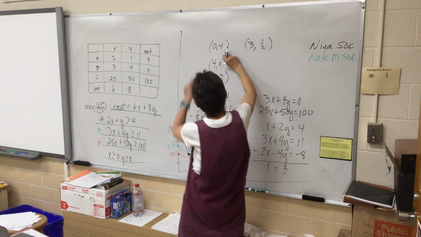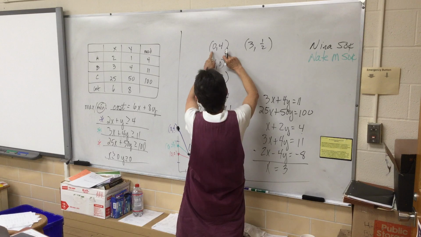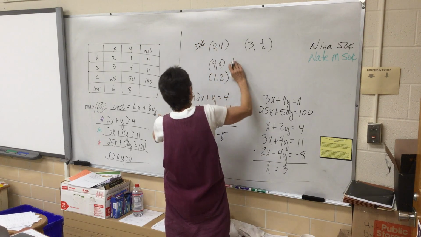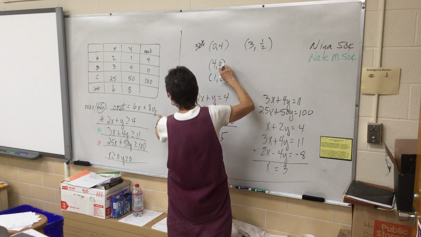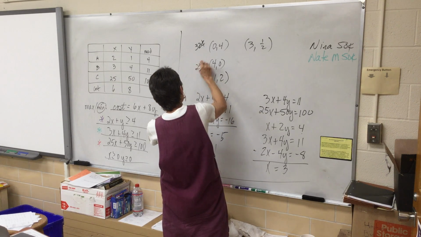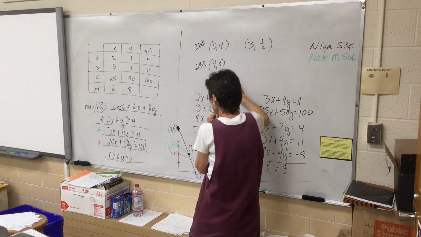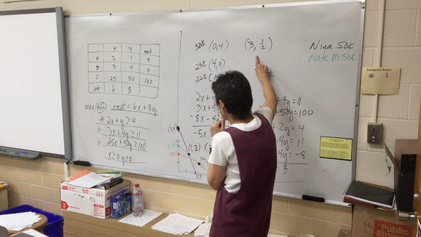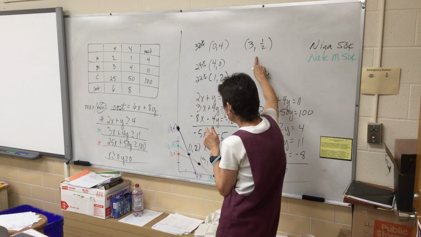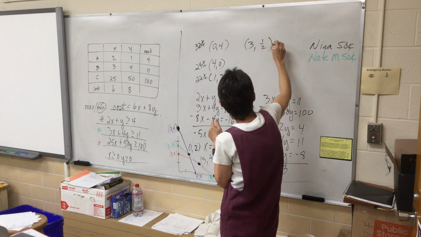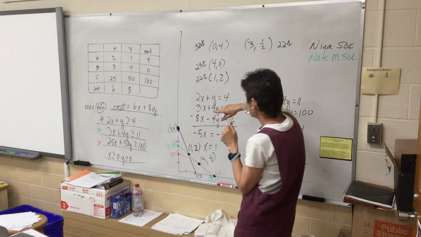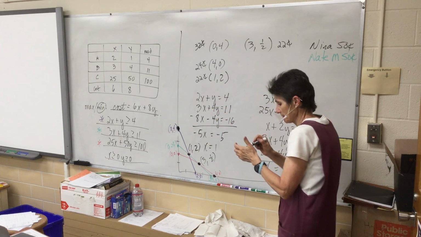So if I took 0 x's and 4 y's, that would cost me 32 cents. 4 and 0 would cost me 24 cents. 1 and 2 would cost me 22 cents. And 3, 1/2. Is that also 22? 3 is 18 plus 4, yeah, 22 cents.